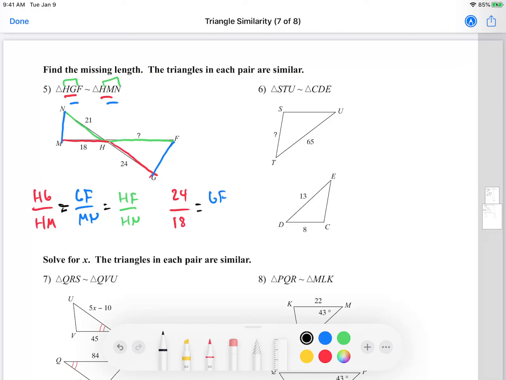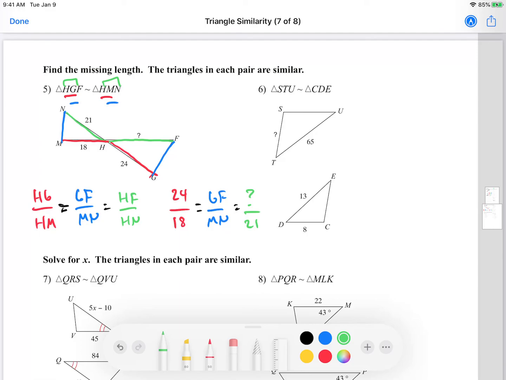Nope. Do we know what the length of MN is? Nope. And then HF, that's the one that we're being asked to find. And HN is 21.